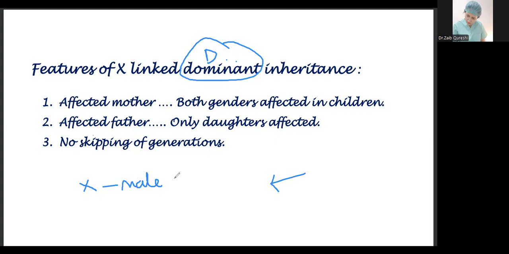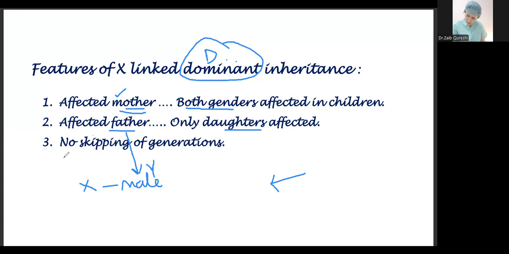So X in a male is coming from the mother. Mother is also giving X chromosome to the daughters. So both genders will be affected when an X-linked disease is present in the mother. And what about the father? Father can only affect the daughters because to the sons, the father is giving Y chromosome.